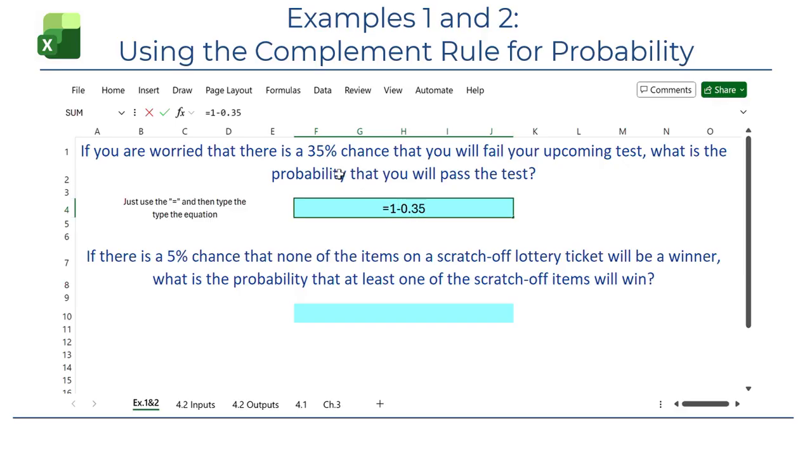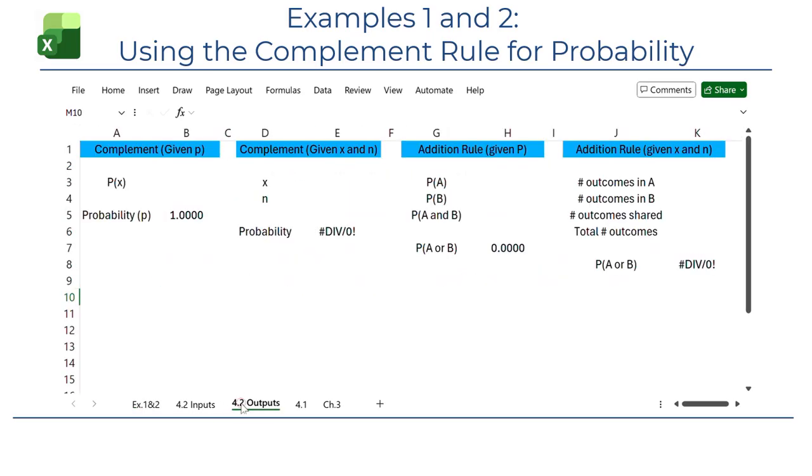Ensure that you're turning that 35% into a decimal, and that would give me 0.65. Or I can always go to the spreadsheet that I have set up and say that the probability I'm given is 0.35, and so the complement, or not P, would be 0.65.